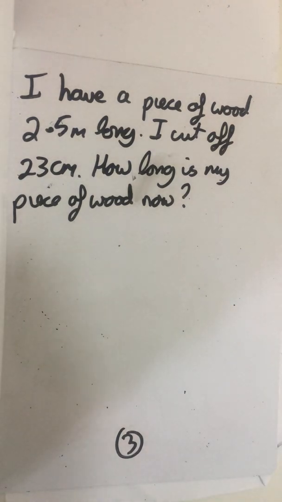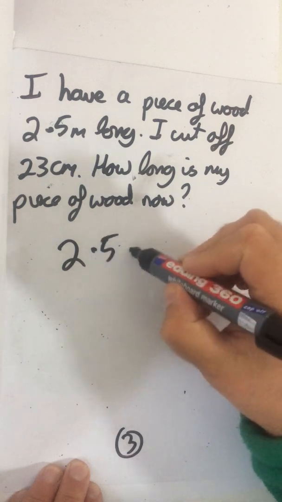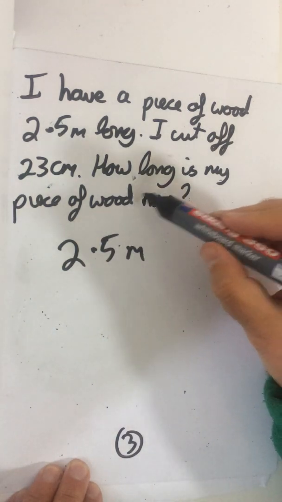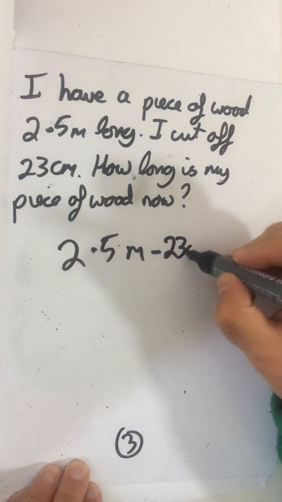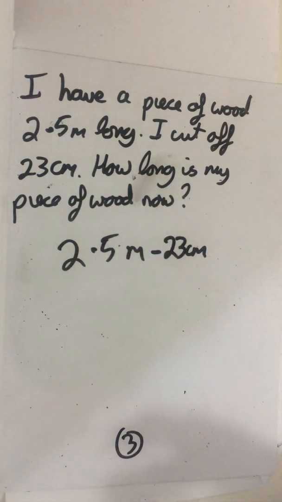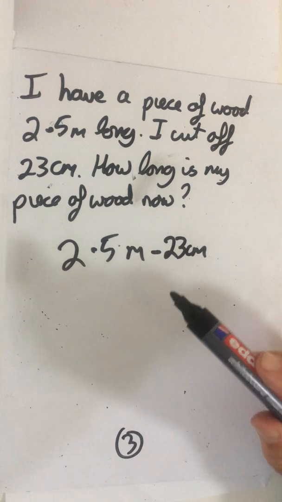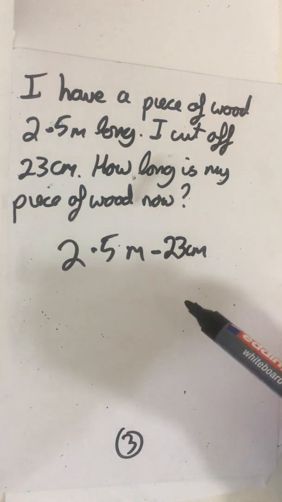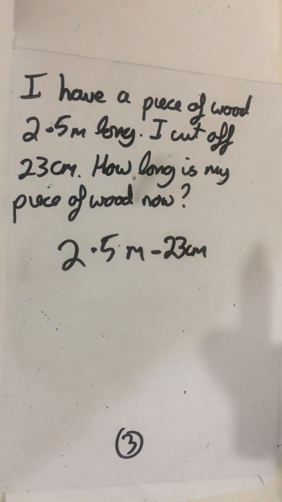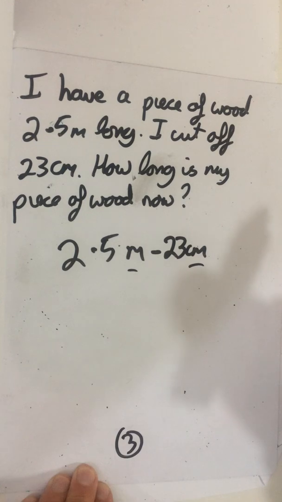Right, let's have a look. Okay, so I've got to set out, so it's 2.5 meters long, and then I cut off 23 centimeters. So I have to minus 23 centimeters. Now the key with this, and the key with any question that involves things like meters and centimeters, grams and kilograms, it could involve millimeters and centimeters, is you have to put them into the same unit of measurement.